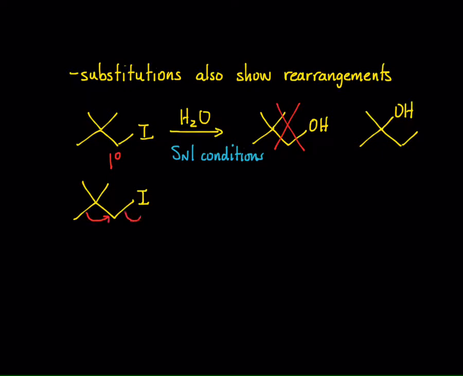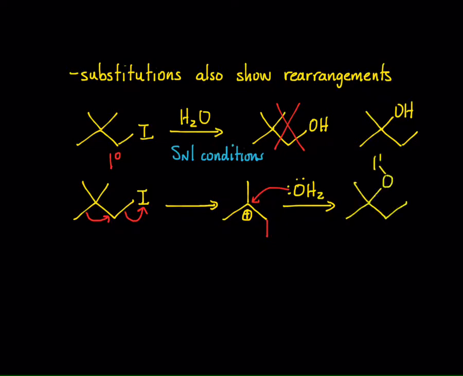Well, the nucleophile is the methyl coming in and replacing the iodide, because in the process I form a stable tertiary carbocation. And now water can come in and attack that tertiary carbocation, and I get the oxonium ion, and now that oxonium ion can be deprotonated by another water molecule, and I form my alcohol. And so you see that even in substitution reactions, we can get rearrangements.